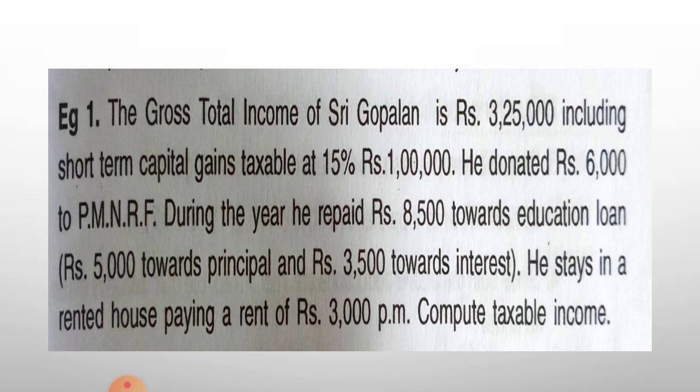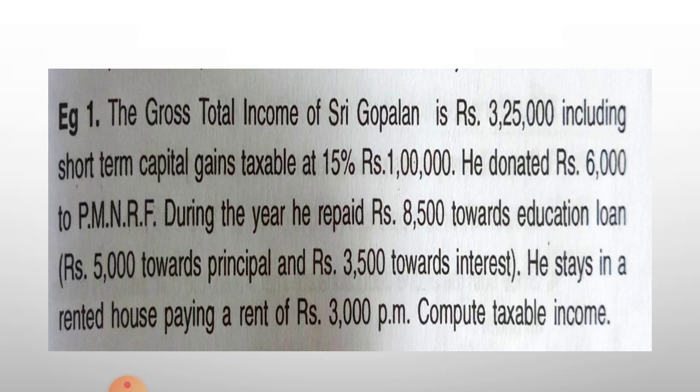See here, the gross total income of Shri Gopalan is rupees 3,25,000, including short term capital gains taxable at 15%, rupees 1 lakh. He donated rupees 6,000 to Prime Minister's National Relief Fund.